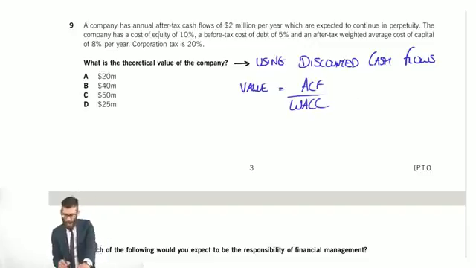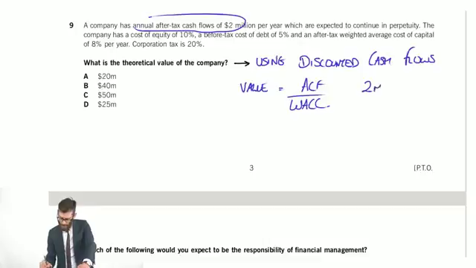A company has after-tax cash flows of 2 million, which are expected to continue into perpetuity. This is a perpetuity formula. The company has a cost of equity, irrelevant, a before-tax cost of debt, irrelevant, and an after-tax weighted average cost of capital, 8%, relevant, corporation tax, irrelevant, because it's already after tax.